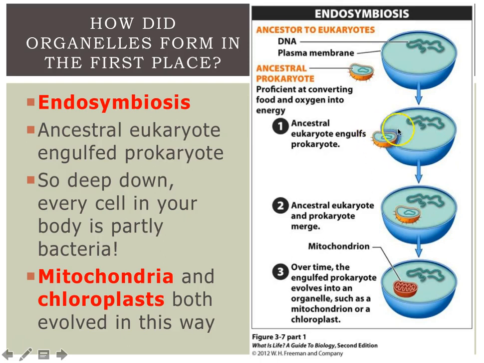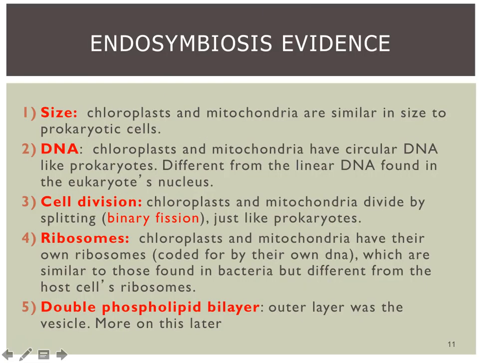When it gets engulfed, it literally has two plasma membranes, the one that was originally the prokaryotic membrane and the one that was originally the eukaryotic membrane. We call that the double phospholipid bilayer because the phospholipid bilayer is what makes up the membrane.